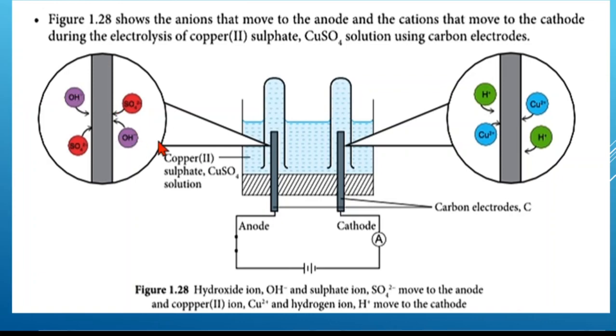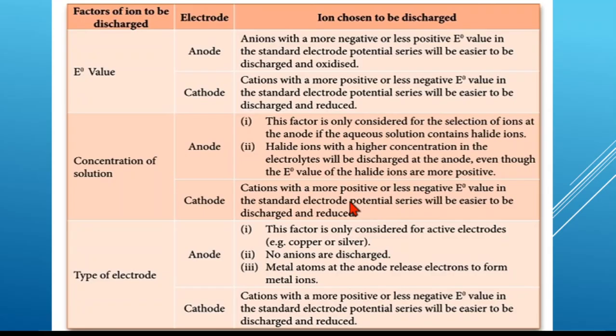Ini yang saya maksudkan, kita ada 4 jenis ion. Okay, jadi di setiap elektrod ini kita hanya pilih satu ion sahaja untuk di-discharge. Macam di molten tadi, electrolysis of molten compound tadi. Kita pilih satu sahaja untuk kena discharge. Di sini pun kita pilih satu sahaja ion untuk kena discharge. So, untuk pilih itu, kamu kena ingat inilah. Okay? Kena ingat ini.